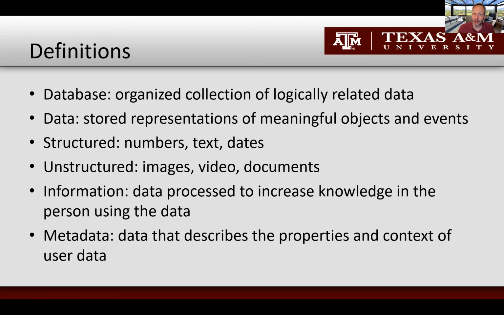Unstructured, we're typically thinking about things like images and videos and documents that are still associated with other structured data. So I might know lots of things about you, but I also have a snapshot picture of you from your ID here at Texas A&M, so I know what you look like. Or maybe I have a copy of your social security card for security purposes. And that would be unstructured data that's still in the database as an image or some sort of attachment.